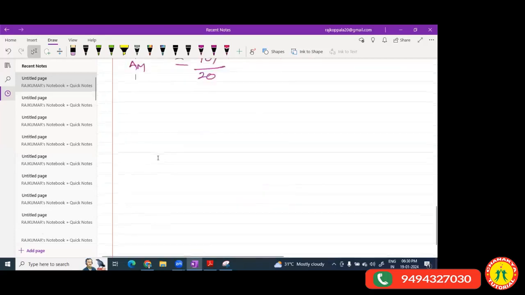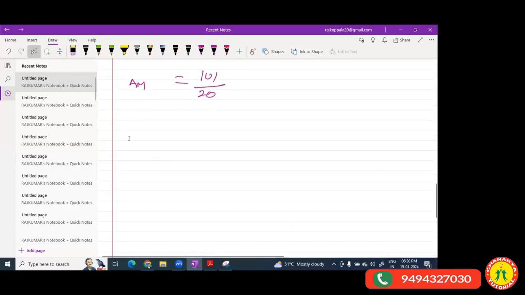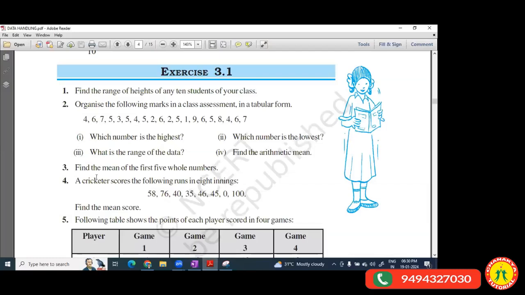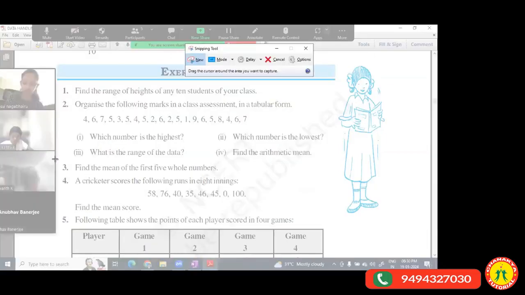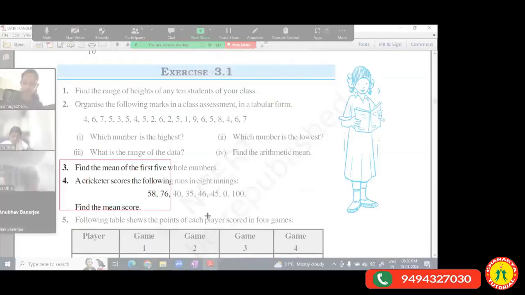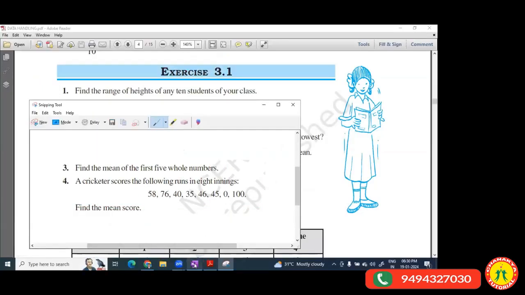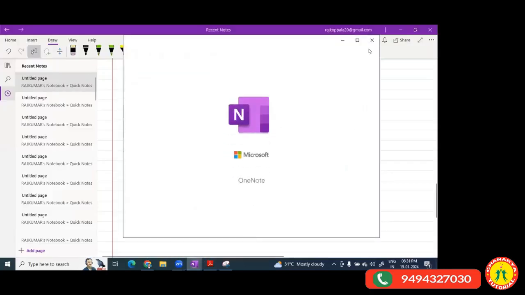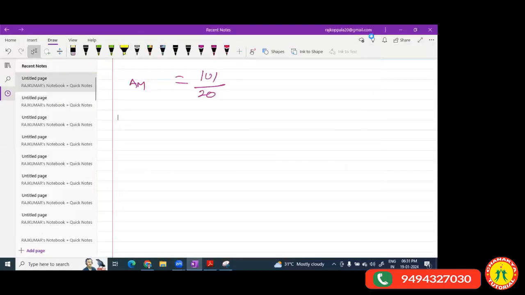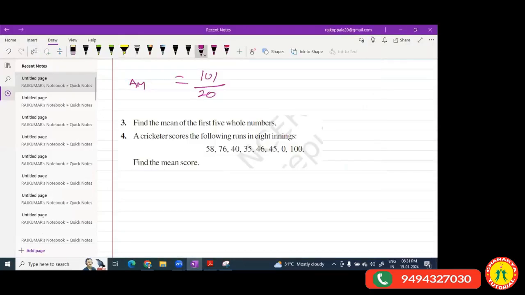Now let us see the next question. See, find the mean, the third one.